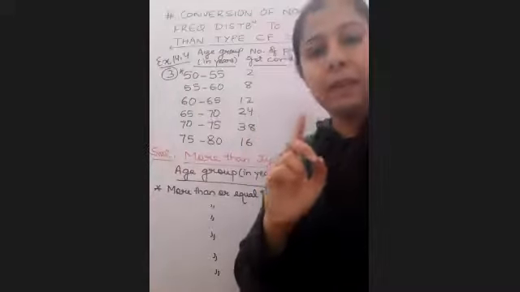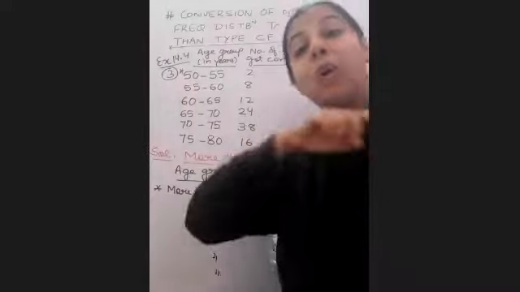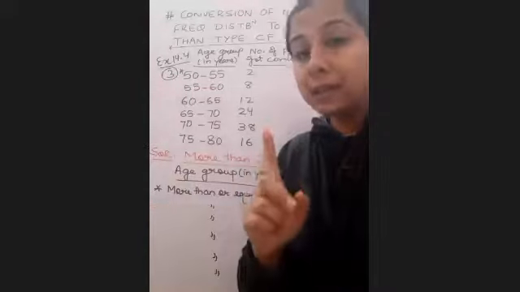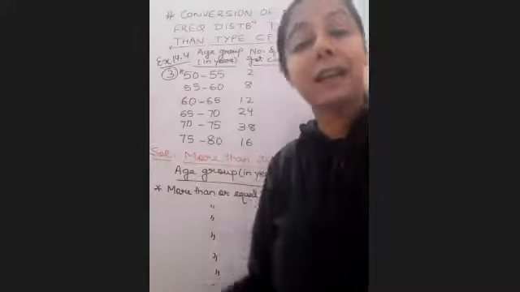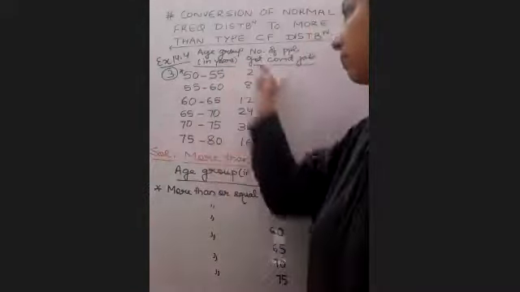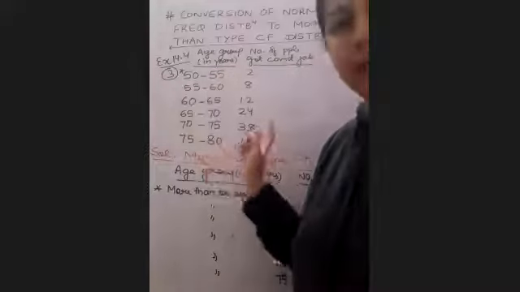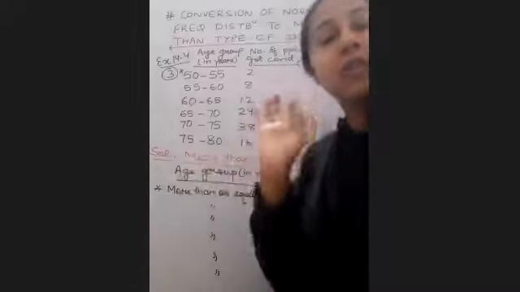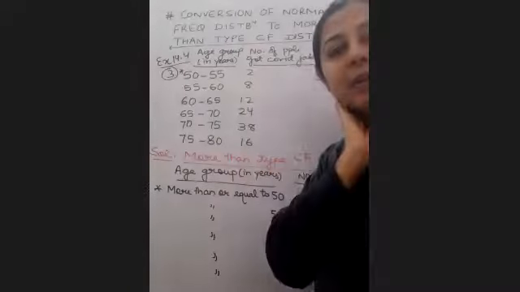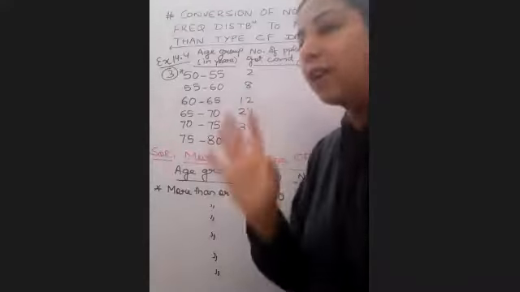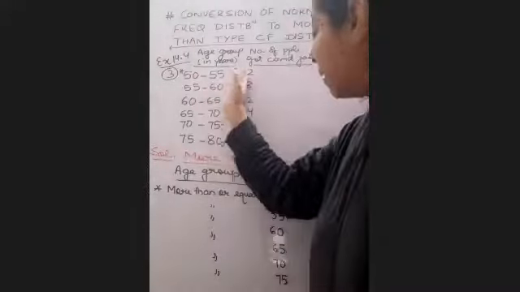How many people whose age is more than 50 years have got the vaccination jab in this particular group? This is a particular group, right? How many people are there above 50 years who have been vaccinated? Common sense. Ma'am, the sum of all frequencies, the sum of all people.